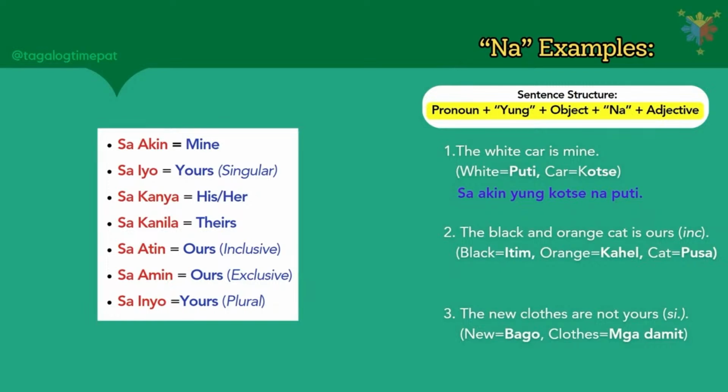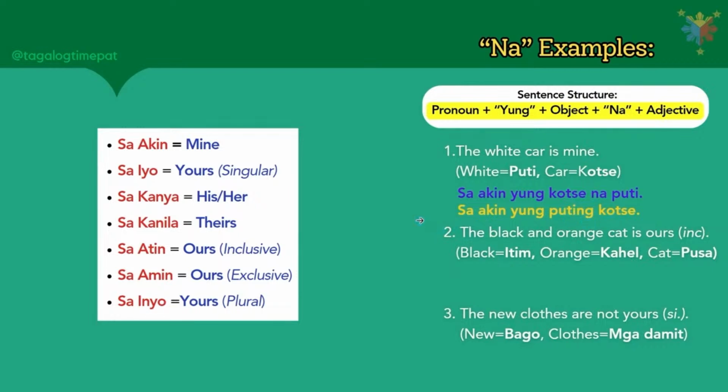The alternative phrase you could say is sa akin yung puting kotse. So remember, the adjective can go first, and technically the sentence marker na is here, but we just made a connection. So puting kotse. Sa akin yung puting kotse.